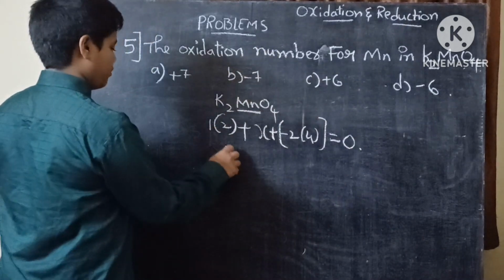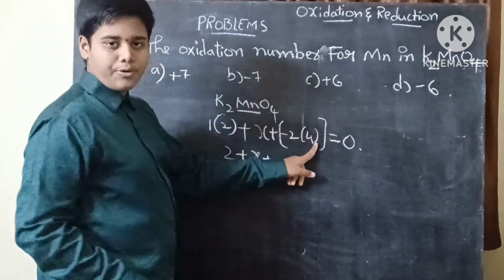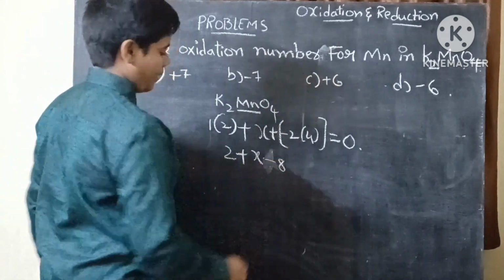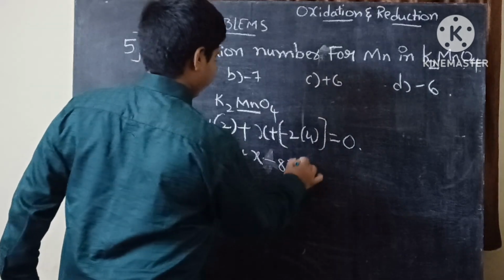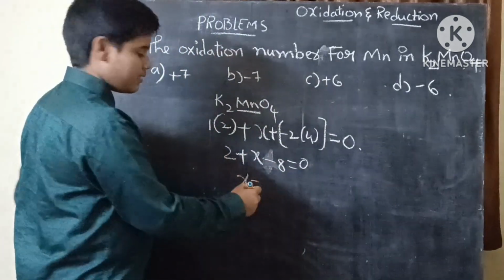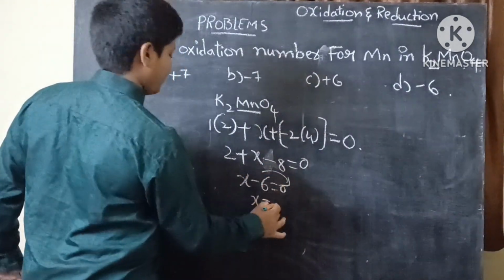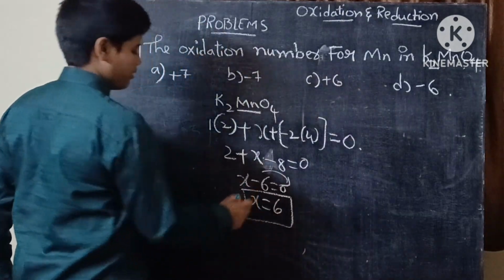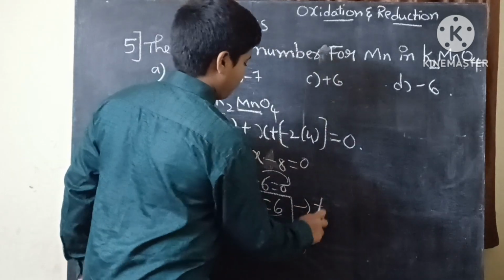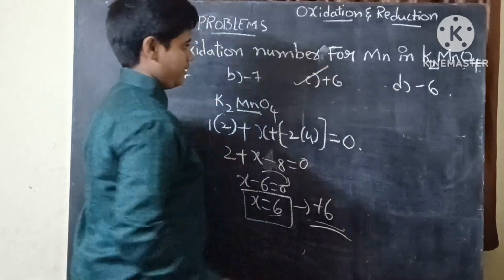So 1 into 2, 2 plus X plus minus 2 into 4, minus 8. So here plus changes to minus, so minus 8 equals 0. So 2 minus 8 is minus 6. So X equals, if I transpose to this side, X becomes 6, a positive value. So the oxidation number for Mn is positive 6. Okay. So here option C is the correct answer.